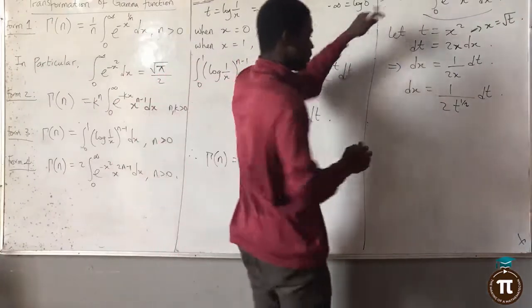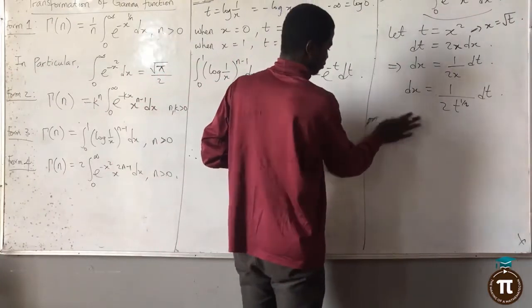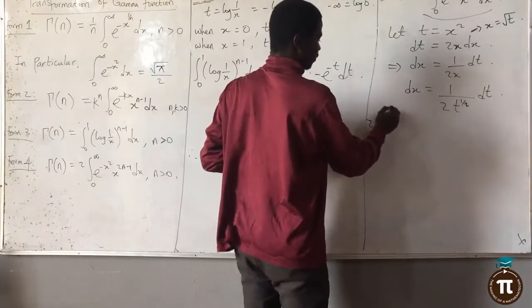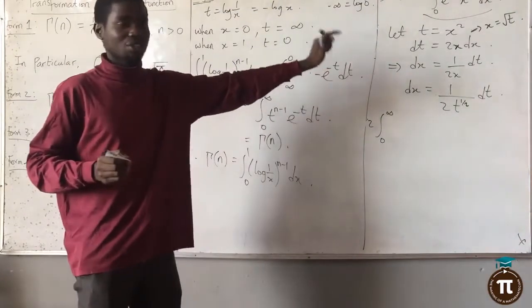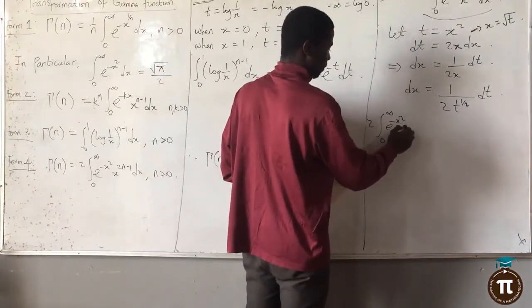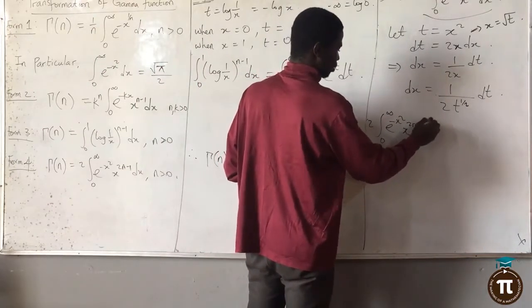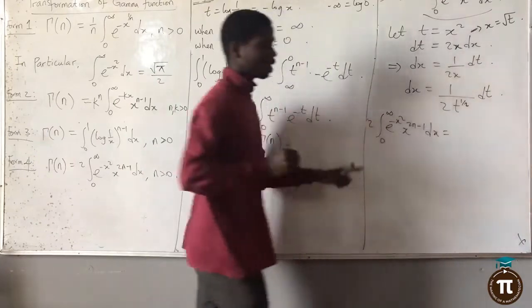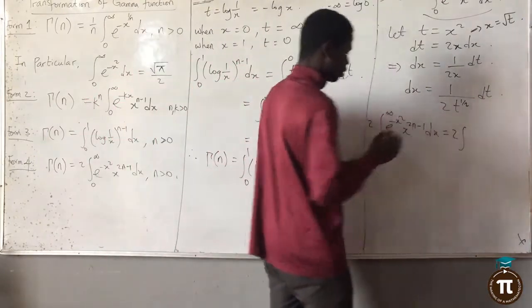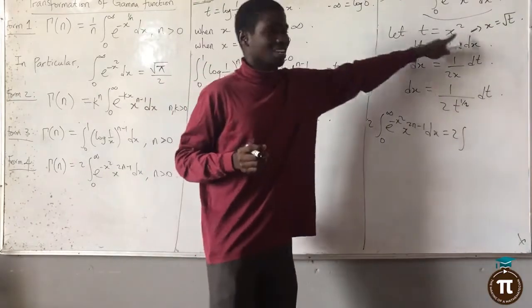So I have gamma of n equal to 2 integral from 0 to infinity of e raised to the power of minus s squared, s raised to the power 2n minus 1 ds. Don't forget, when s is 0, t is 0.